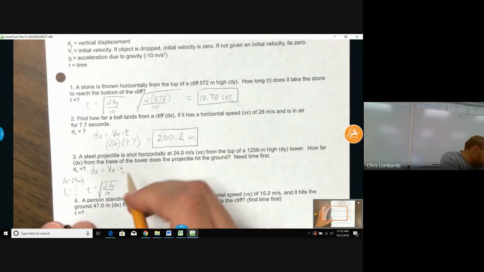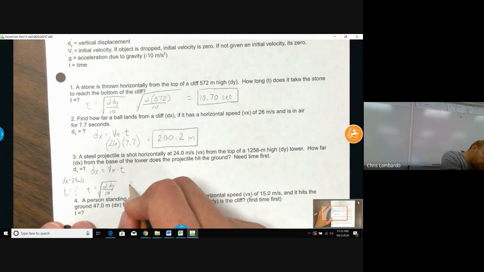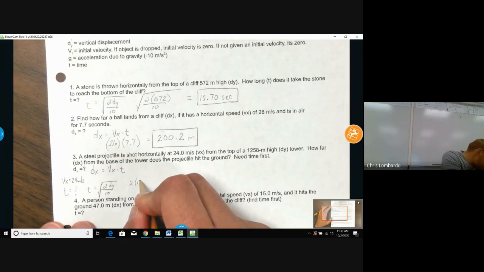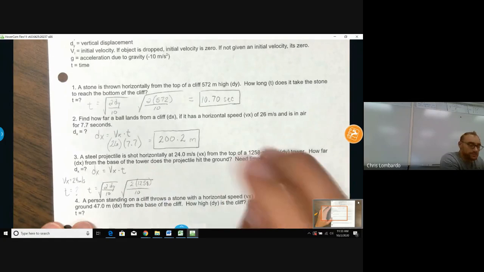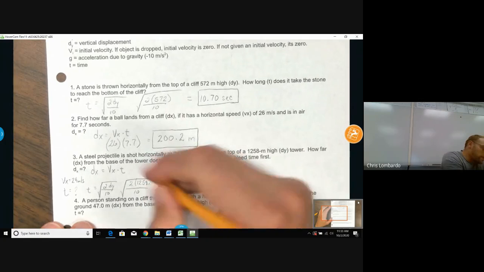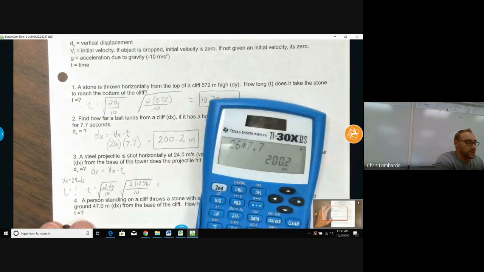And then let's plug in our numbers for that. It's going to be the square root of 2 times 1258 over 10. Punch it in.